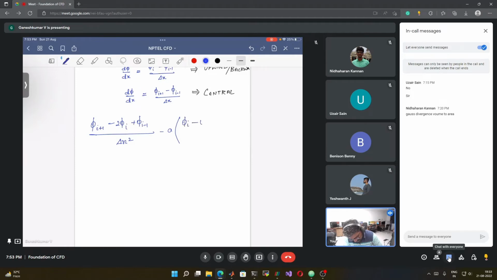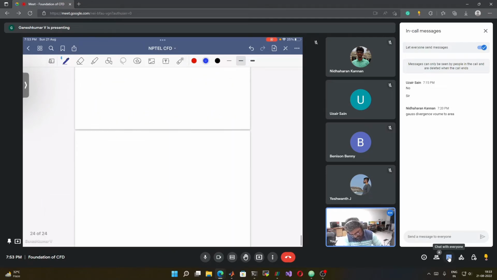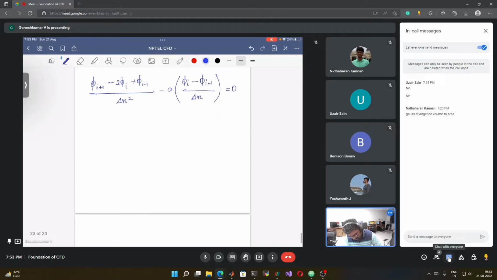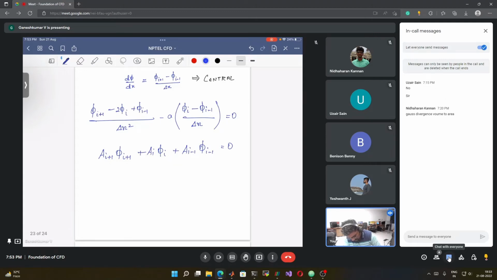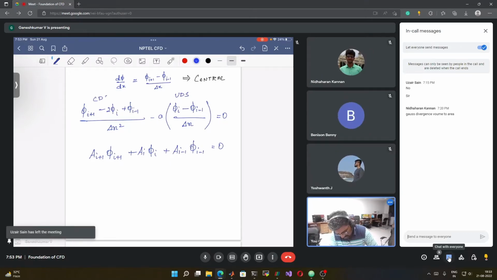Phi of I minus phi of I minus 1 divided by delta x equal to 0, right? Let's write it in terms of nodal values. It will be a of I plus 1 into phi I plus 1, plus a of I into phi I, plus a of I minus 1 into phi I minus 1 is equal to 0. So what is this scheme? This is UDS, the upwind differencing scheme. This is central, right?